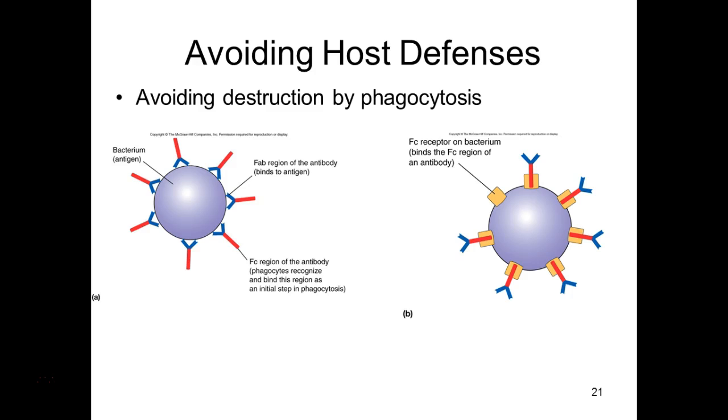They're grabbing onto the Fc portion, the antigen binding site is sticking out, and so our immune cells can't recognize and can't get to these guys. They're using our own antibodies against us. So for every defense we have, there's a microbe out there that's found a way around it. This is why we still get sick.